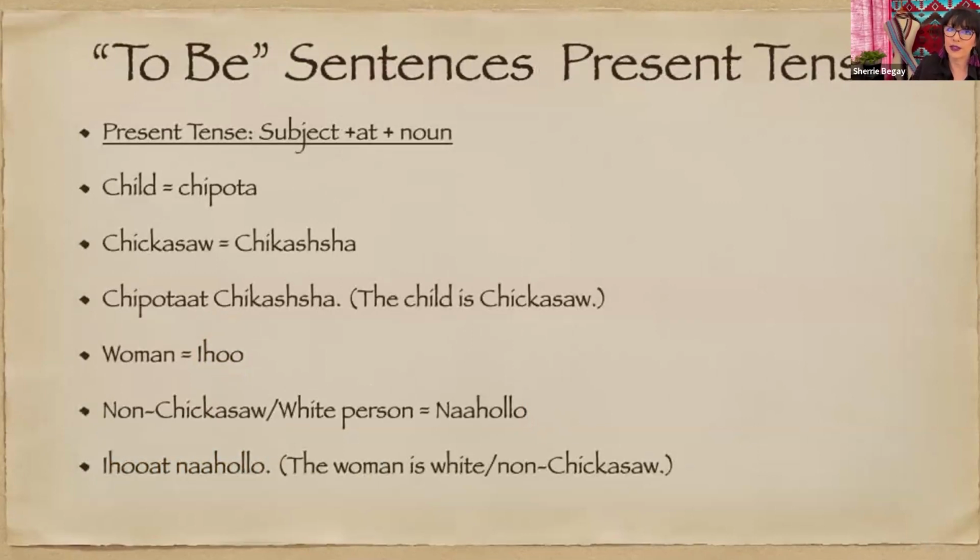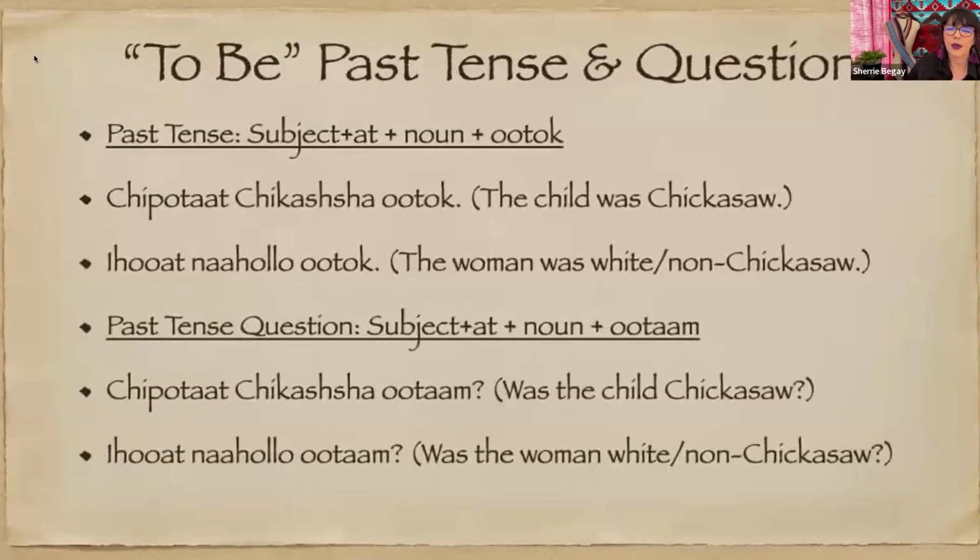Now let's look at to be past tense. So here we have some examples of past tense and in the question form. So for our basic past tense to be sentence, we're going to add the otok, as I explained before. So let's look at our child that we said is Chickasaw and put it in the past tense. So we've got Chapotat Chikasha otok.